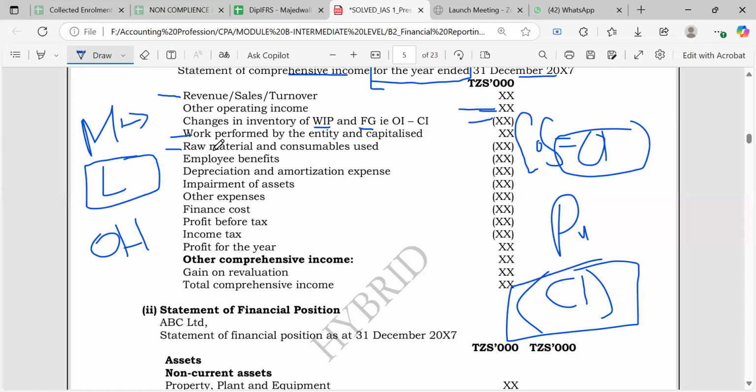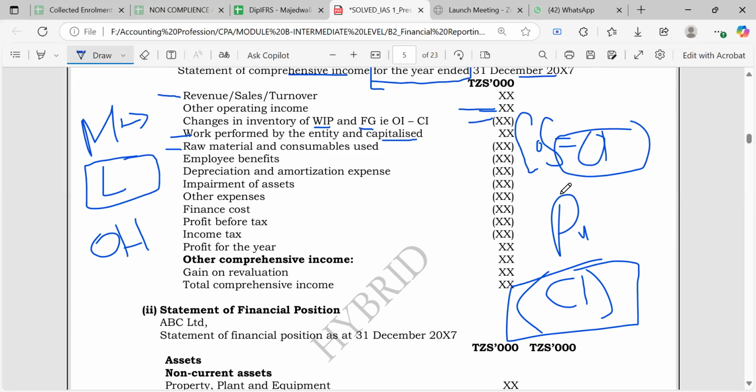This capitalized, what is it? It falls under labor. Which one? I don't understand it. You say work performed by the entity and capitalized. Listen, whenever you see something capitalized, it means it is an asset. Not necessarily a non-current asset. Maybe you are mixing it up here, right?